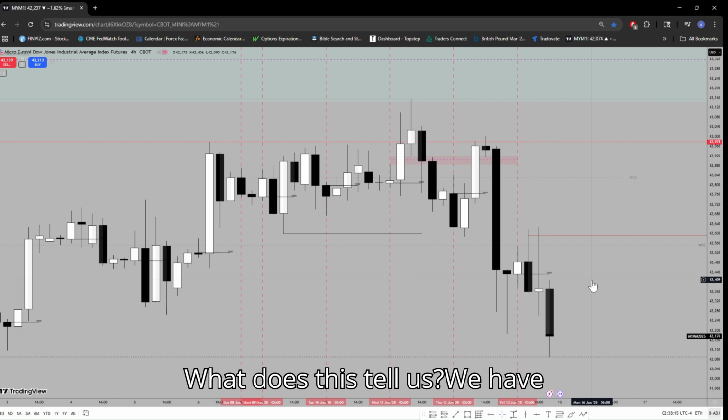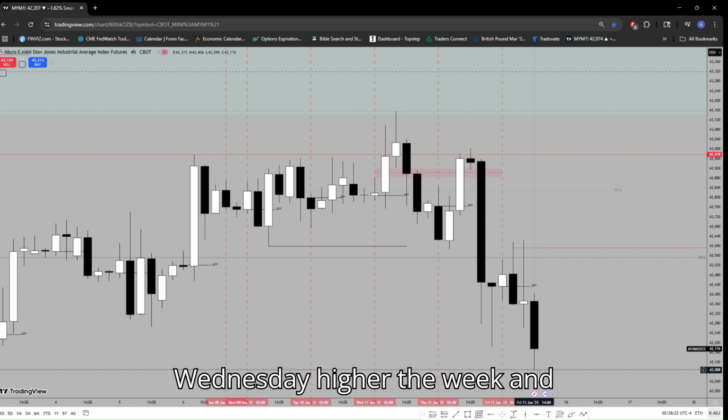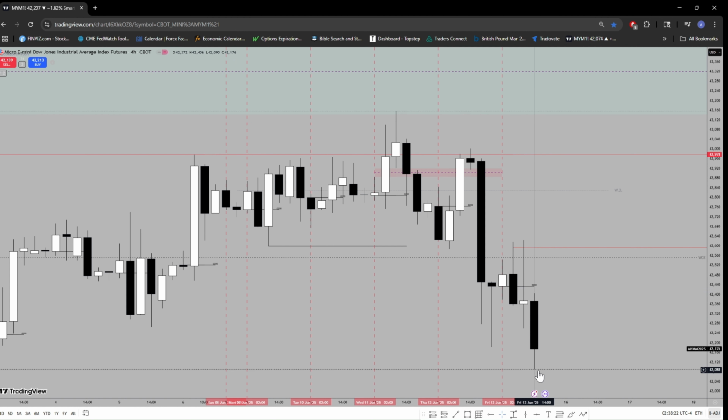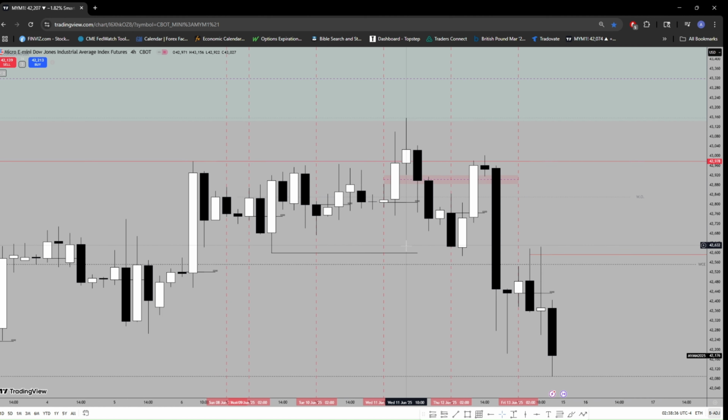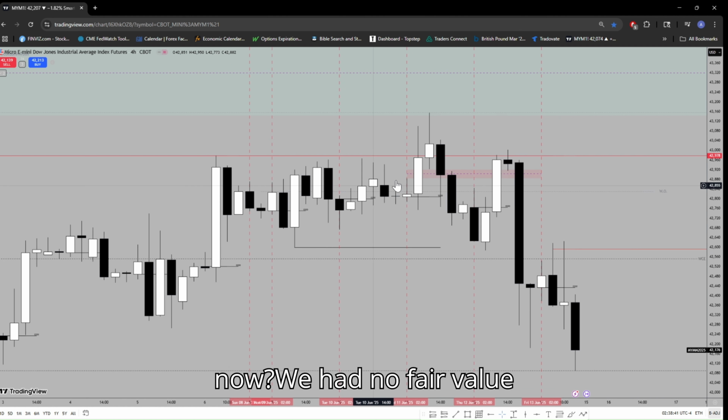What does this tell us? We have Wednesday high of the week and Friday low of the week, on a week where news starts on Wednesday. So what do we have in terms of our entry now?